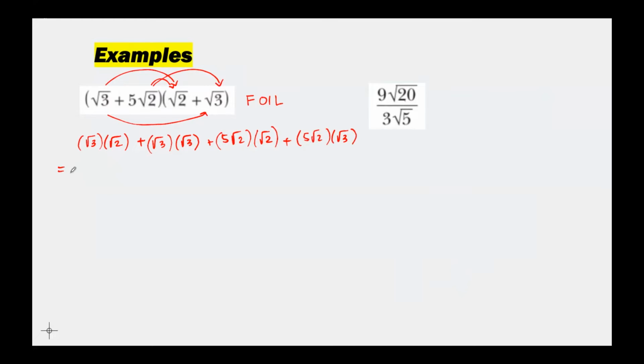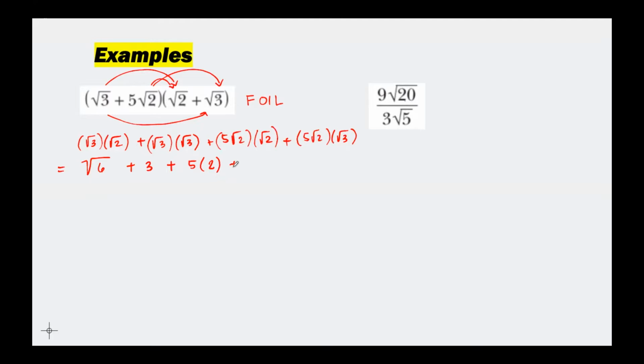If you notice, the index is the same, which is just 2, because it's just a square root. So this is the same as square root of 6, because that's 3 times 2, plus square root of 3 times square root of 3 is square root of 9, and square root of 9 is only 3, plus 5 times square root of 2 times square root of 2 is square root of 4, and square root of 4 is only positive 2.